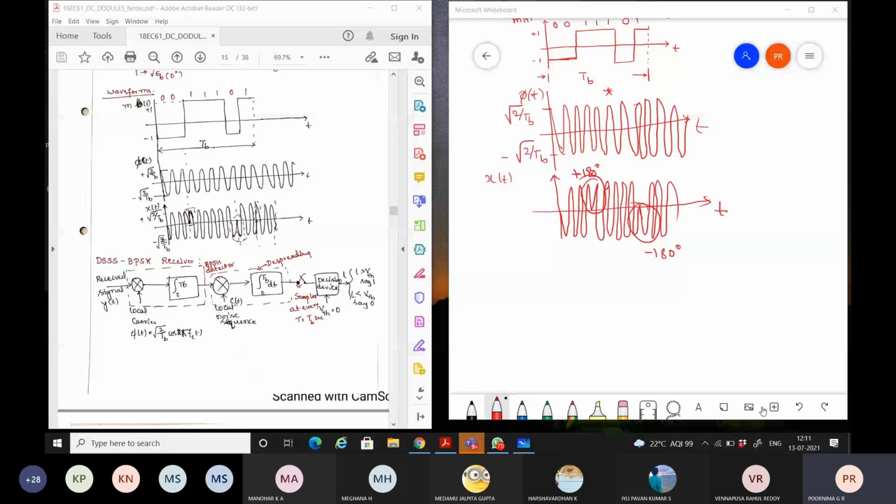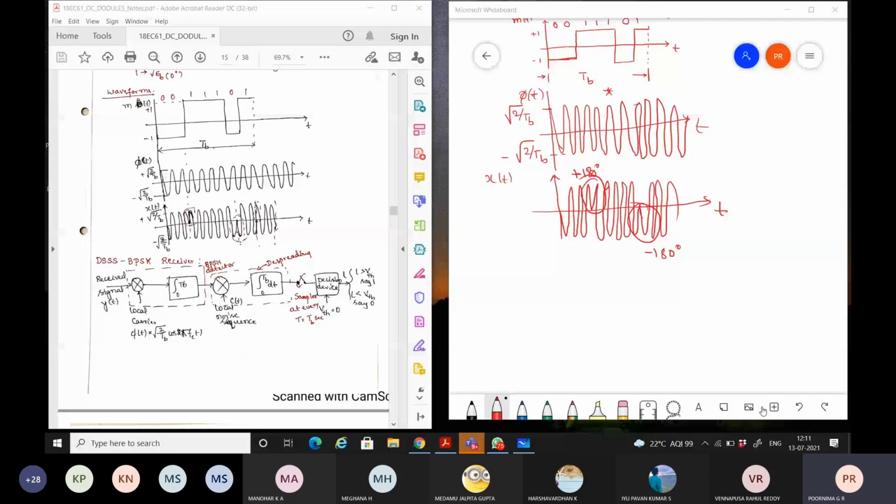The next block is the local noise sequence. So the PN sequence we will be adding. After adding the PN sequence, the complete removal of the sequence will happen. Again, it will be given to an integrator, and after the integrator, the signal will be given to a sampler. The sampler will sample at every TB seconds, and the output is given to a decision device.